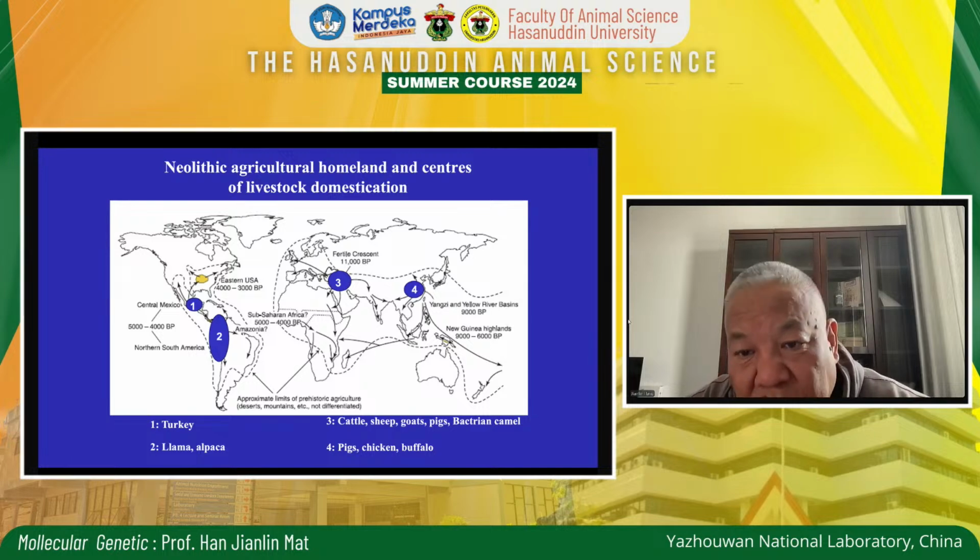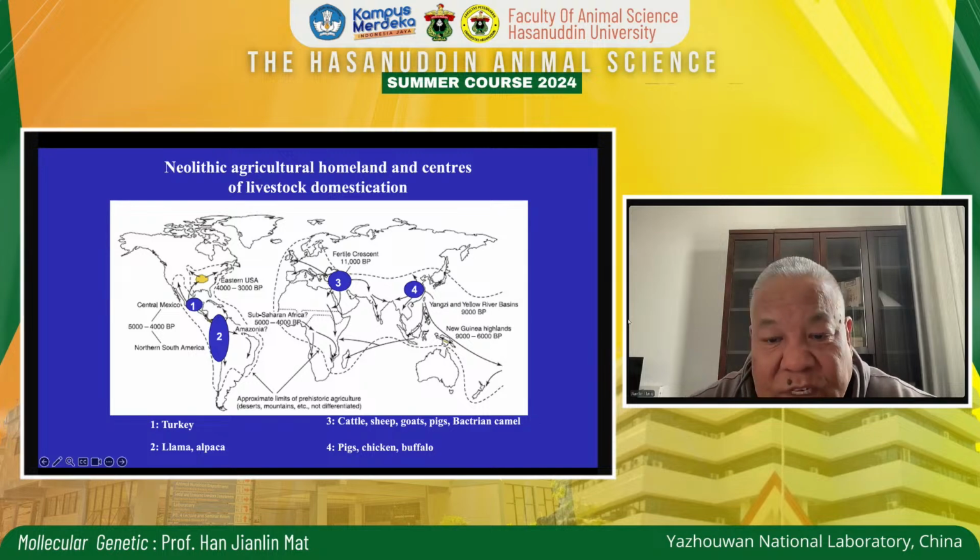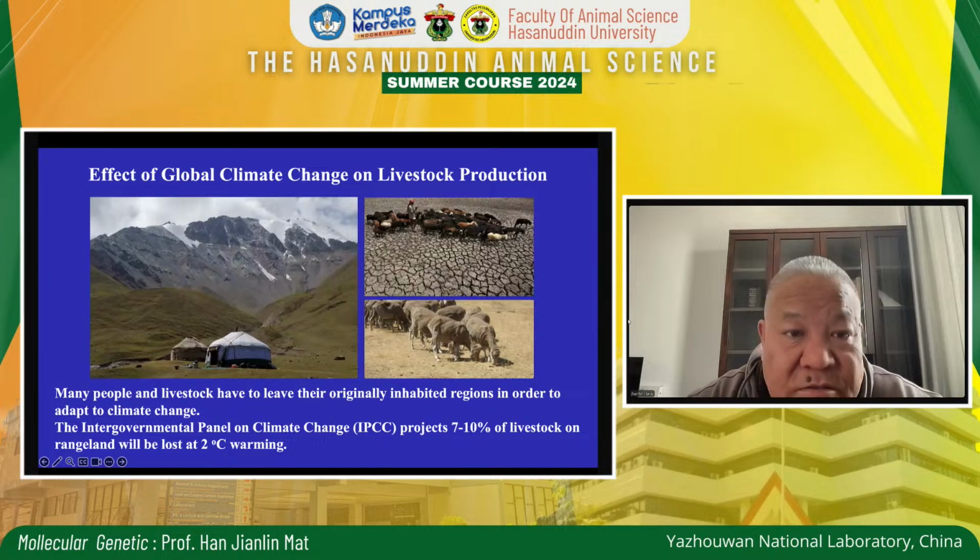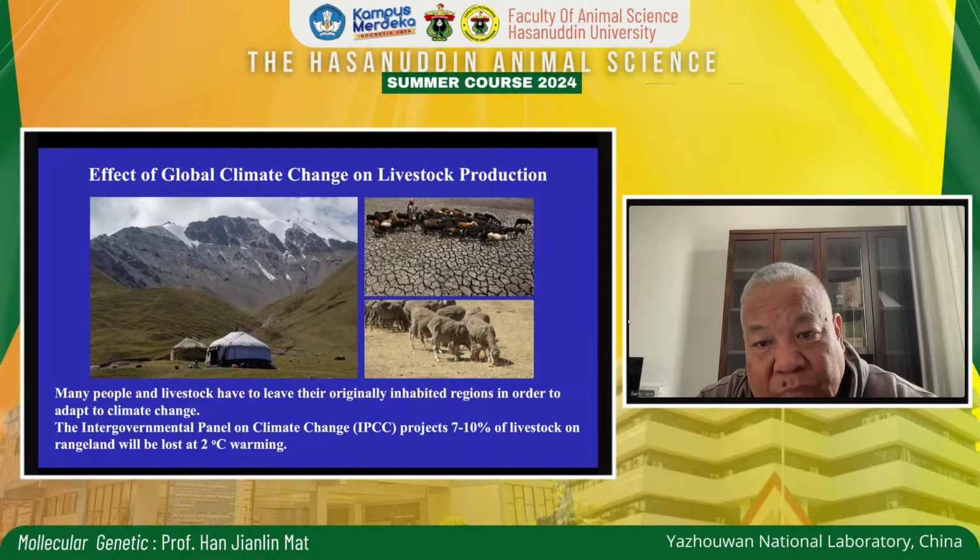buffaloes, chickens were domesticated. And we see the climate change is a phenomenon taking place in most parts of the world, where the weather is scattered, and it's very difficult to predict the weather tomorrow based on the data we collected over, say, the past century.